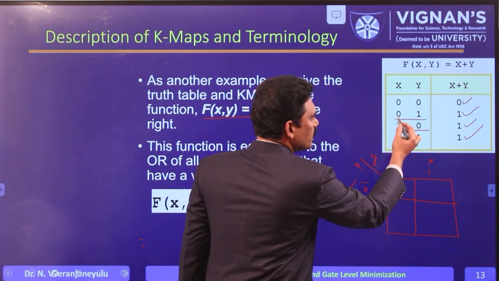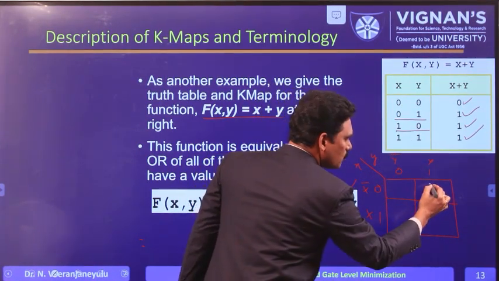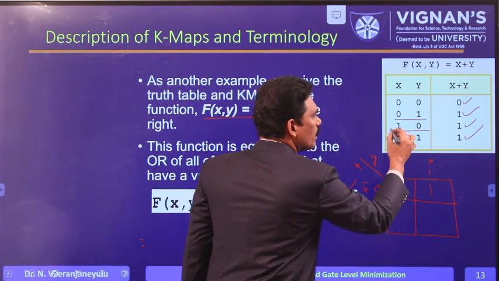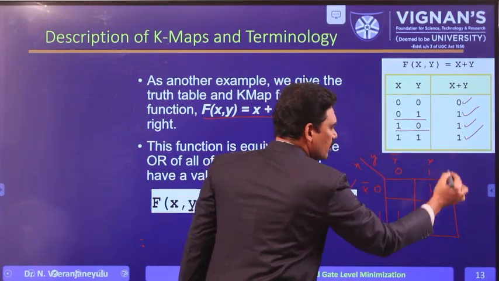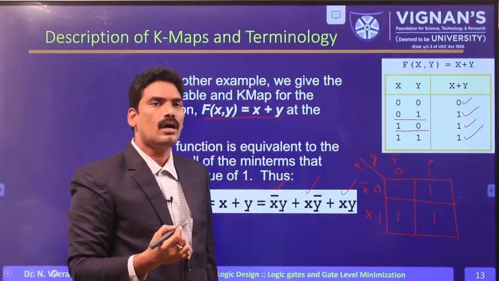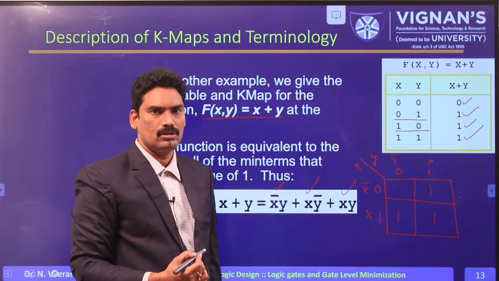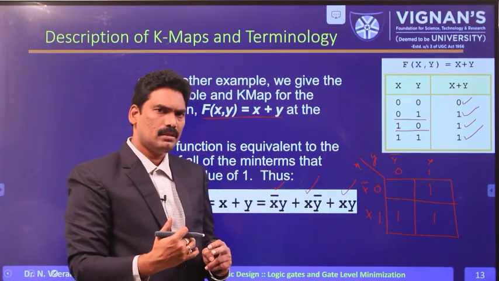If the values of xy are 0, 1, here this is 1, we have to map it, and another one is 1, 0. This is 1, 0 means this one, and 1, 1 means this one. So this is called mapping of values. Now how to simplify this one?